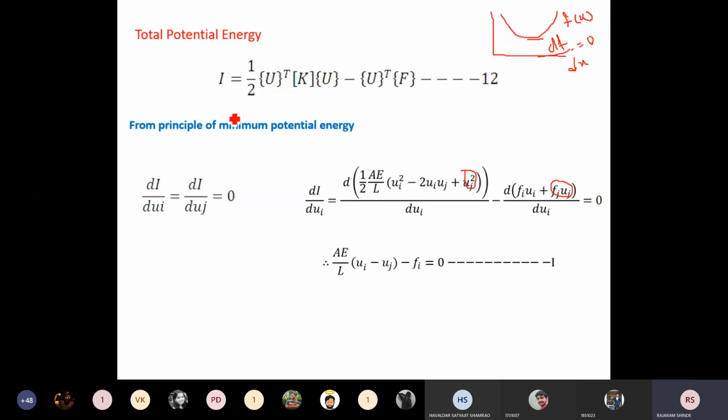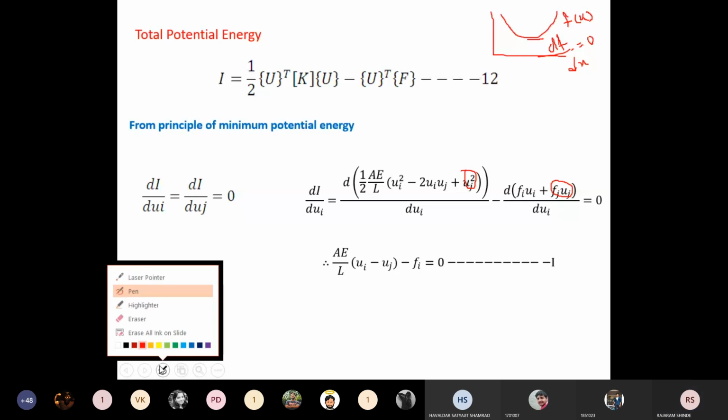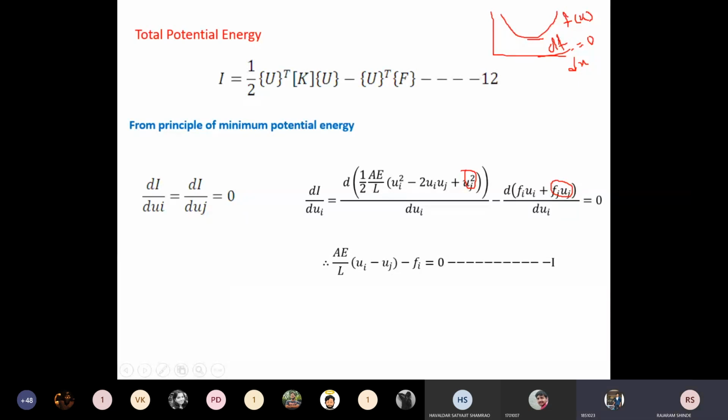You agree with this? It means that if I is your function of u, it is minimum when its derivative with respect to u is equal to 0. Therefore, I have differentiated this with respect to ui and uj and equated it with 0. Have you got it? Yes, sir. Everyone.